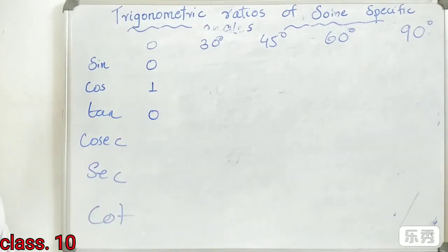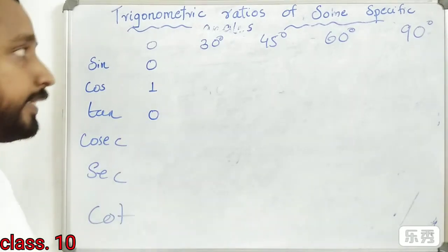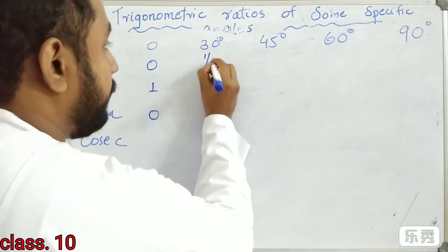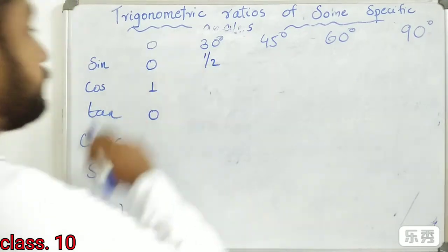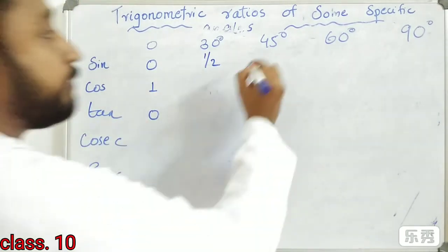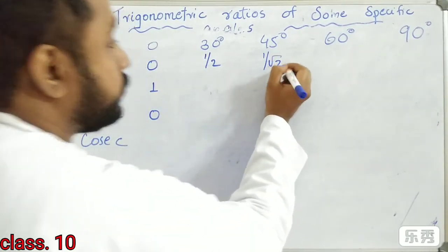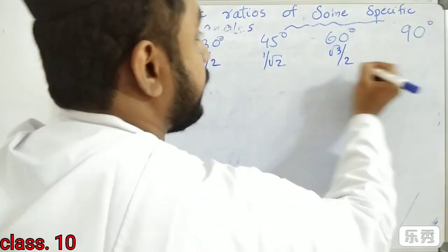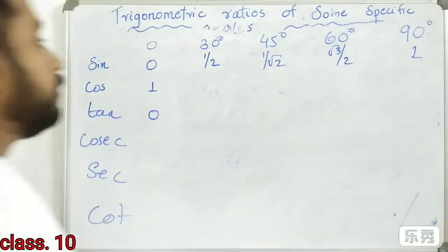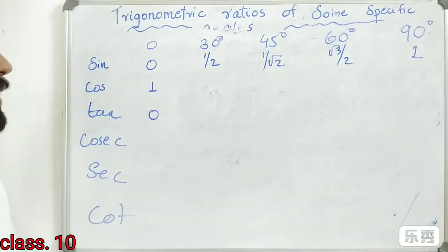0 by 1, which is 0. Sin 30 we have studied, 1 by 2. Sin 45 is 1 by root 2. Sin 60 is root 3 by 2 and sin 90 is 1. So, sin 0 is 0, sin 30 is 1 by 2, sin 45 is 1 by root 2, sin 60 is root 3 by 2 and sin 90 is 1.